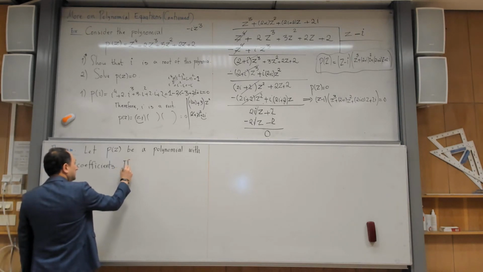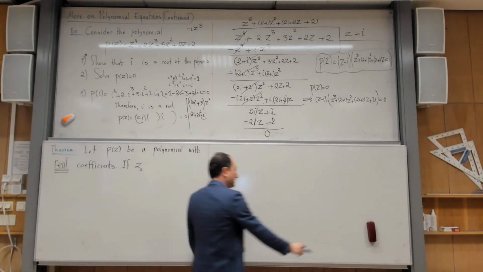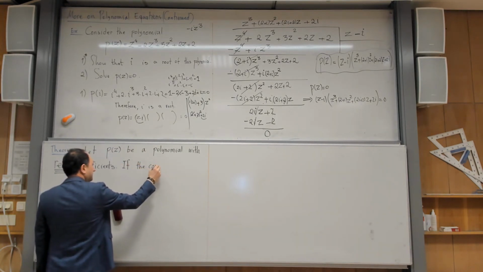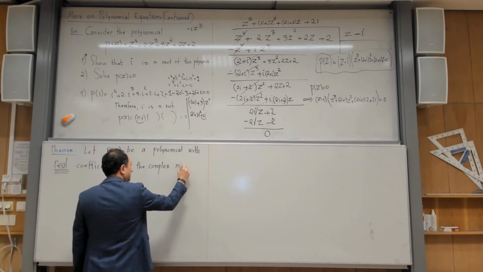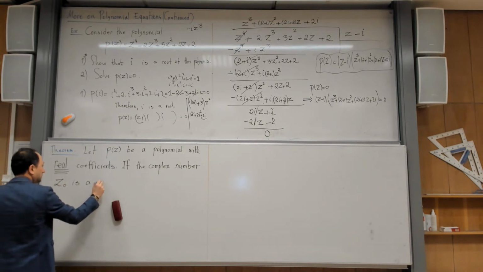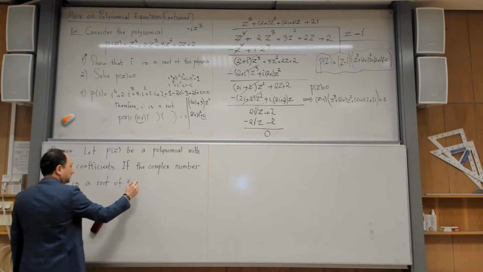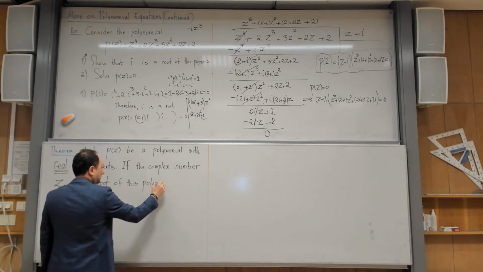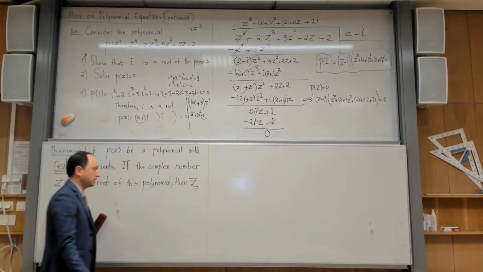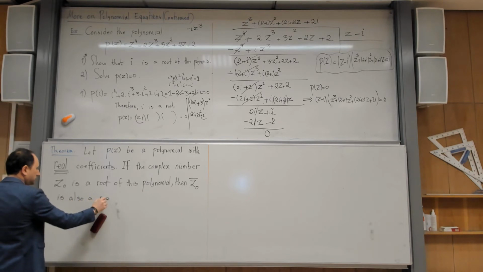If the complex number z naught is a root of this polynomial, then z naught bar, the complex conjugate, is also a root of this polynomial.